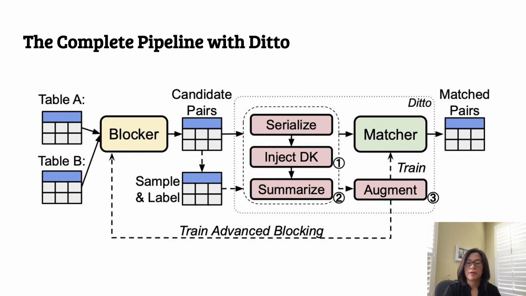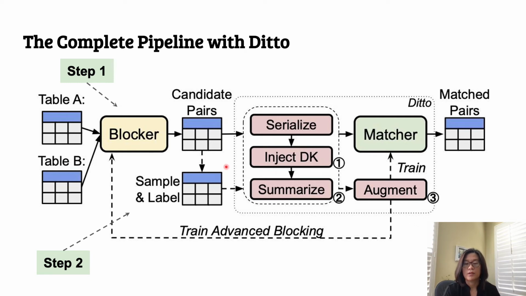To match company records, we have to implement the complete pipeline to include not only the matching phase, but also the blocking phase. Ditto, which is what I've described so far, is shown in this box here, right after the blocking function. In this pipeline, the first step is to construct a blocking function, which is typically implemented using heuristics such as keyword matching.